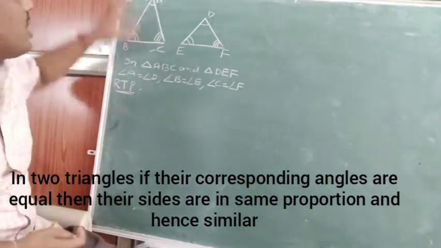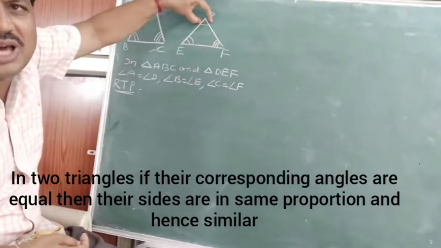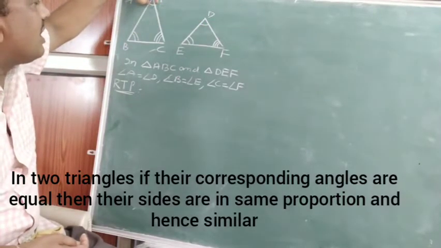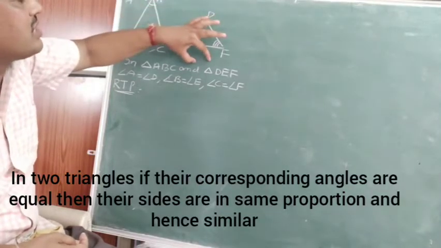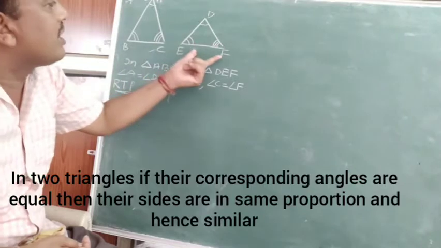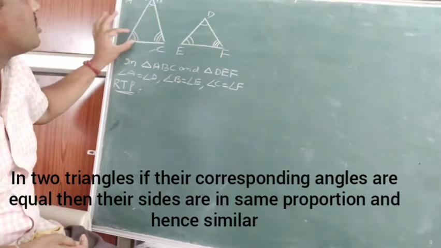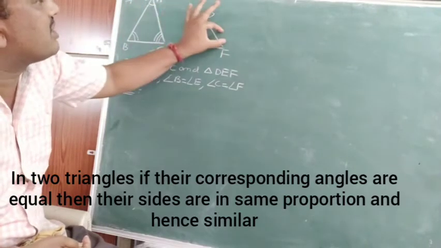So you can see children, this is angle A and this is angle D. Both are equal. It means we have to take the ratio of their corresponding sides. This one, angle A, its opposite side is BC. Angle D, opposite side is EF. So you take BC by EF. This angle and this angle are same, so the side opposite this angle is AC. Side opposite this is DF.